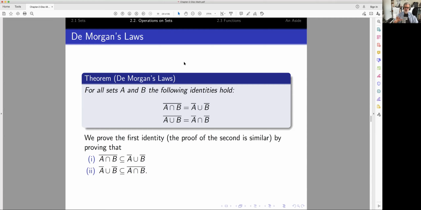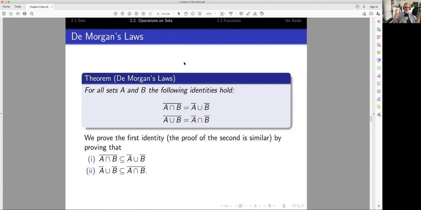So how am I going to show that these two sets are the same? This is really important because this is going to come back a lot at many different levels. I want to show that two sets are equal. Sometimes it's possible to show two sets are equal directly. But the most common way is exactly as I've written here: to show one inclusion this way and the other inclusion the other way.